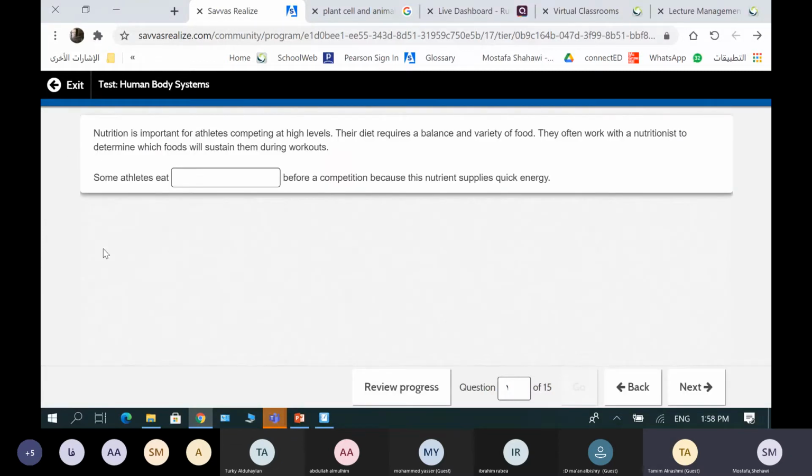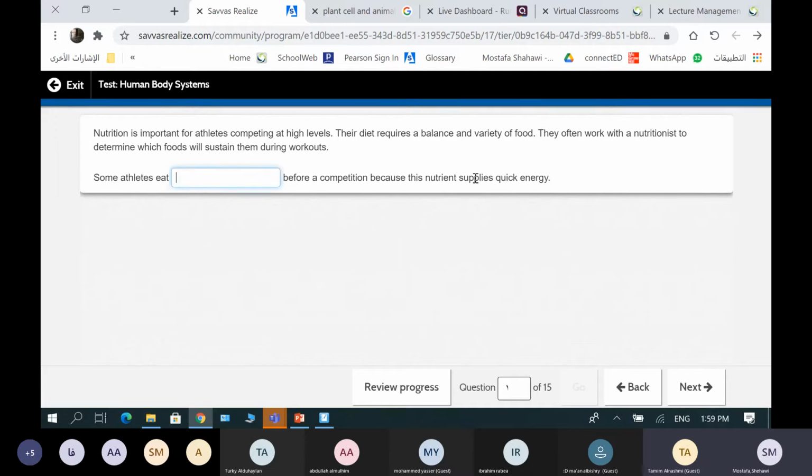Tamim, read this question. Nutrition is important for athletes competing at high levels. Their diet requires a balance and variety of food. They often work with a nutritionist to determine what foods will sustain them during workouts. Some athletes eat blank before competition because this nutrient supplies quick energy.